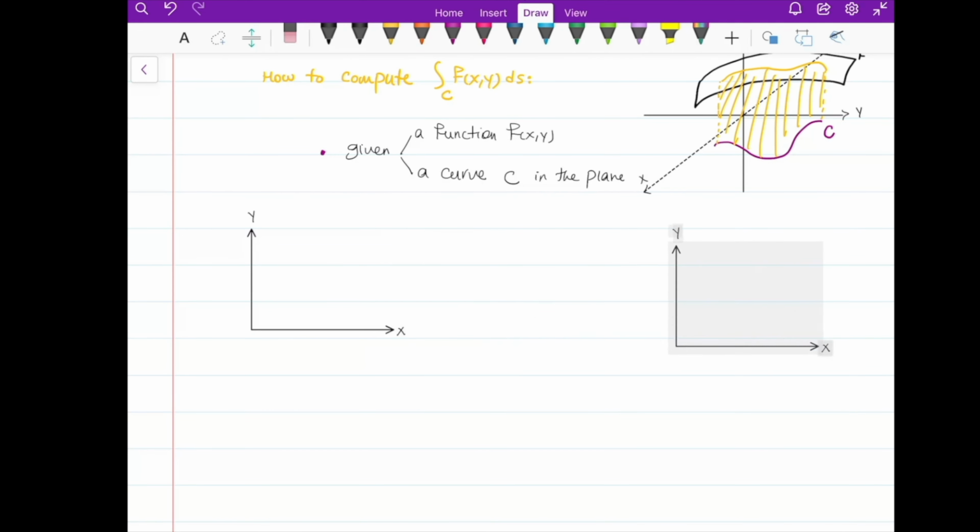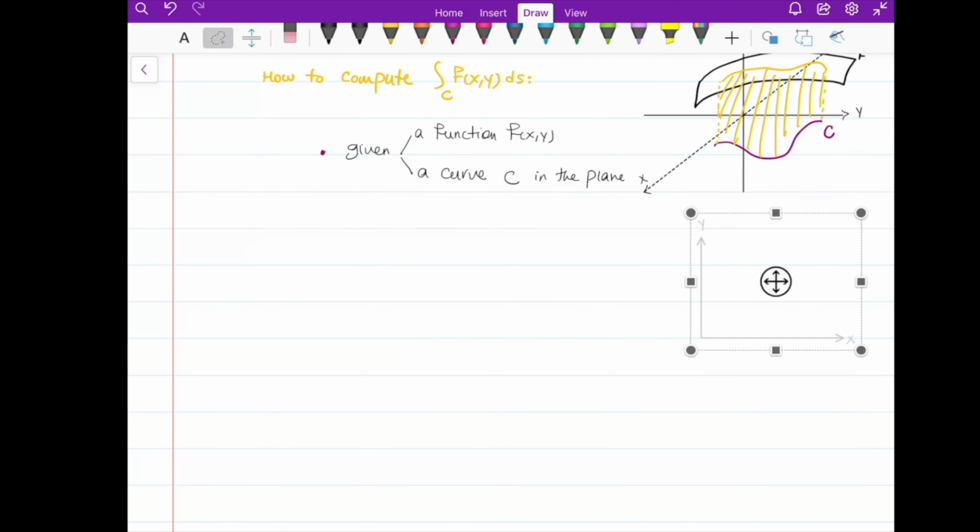I don't know why I graph it on the left-hand side and then move it, but let's move it to the right-hand side, and then assume that this is the curve C. As always, when we want to take the integral over some region, we need to partition the region. So what we need to do is to partition C into small pieces.